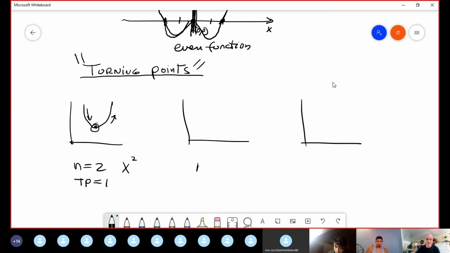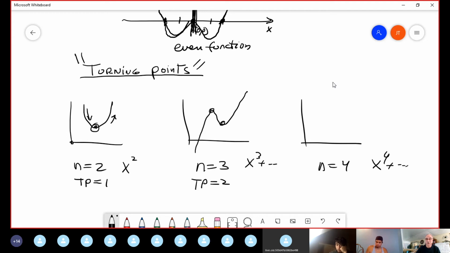Suppose degree 3. Normally the graph of degree 3, so x cubed plus something, no? Looks like that. We have two turning points. One here, one here. Suppose n equal 4, x to the 4th power plus something.